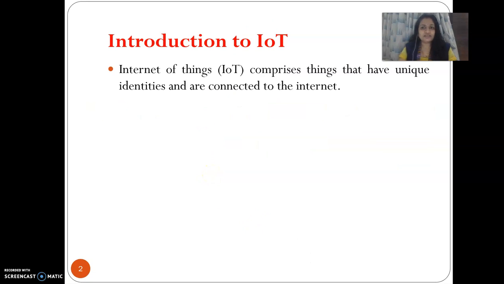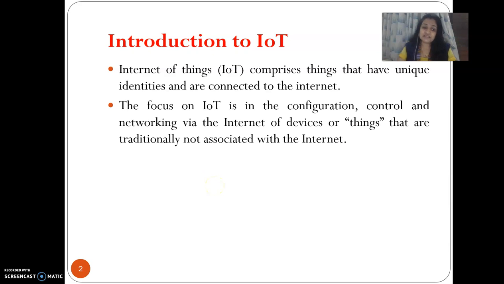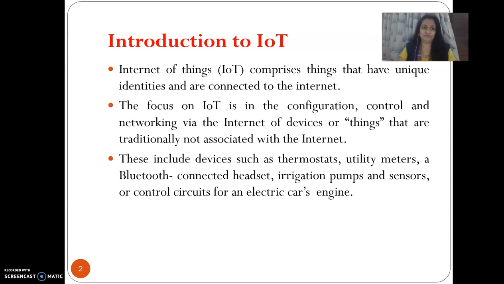Now IoT comprises the things that have unique identities and are connected to the internet. While many existing devices such as network connected or 4G enabled mobiles are connected to the internet, the main focus of IoT is on the configuration, control and networking via the internet of devices or things that are traditionally not associated with the internet.